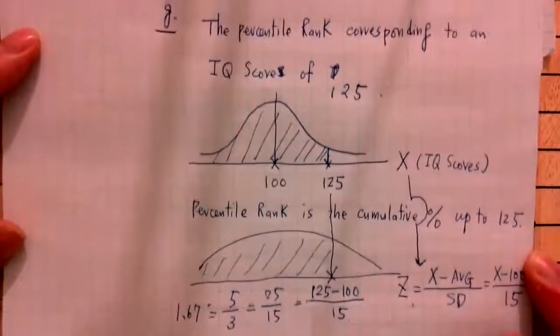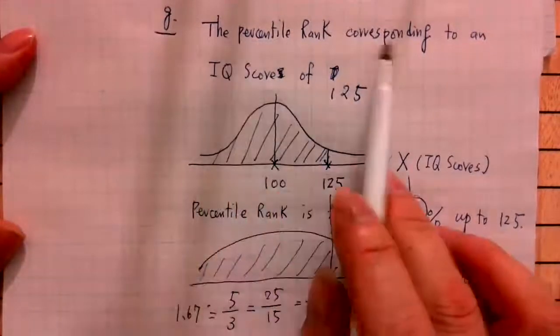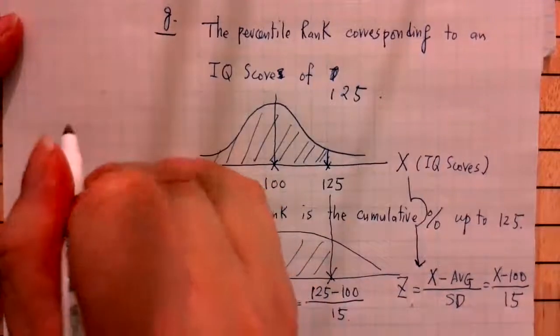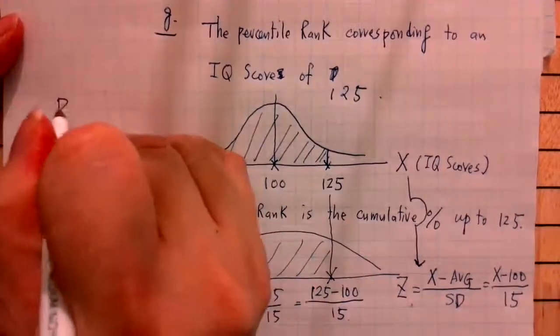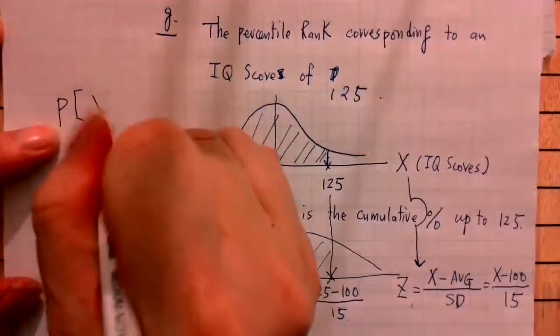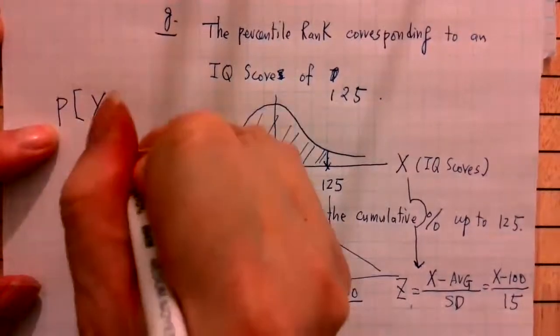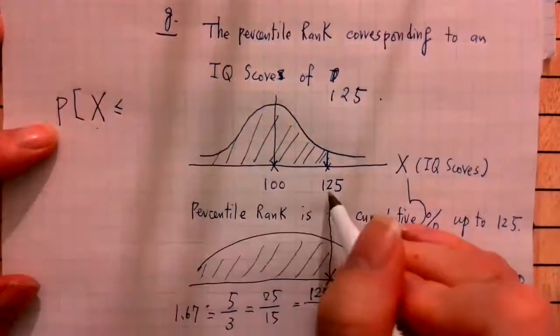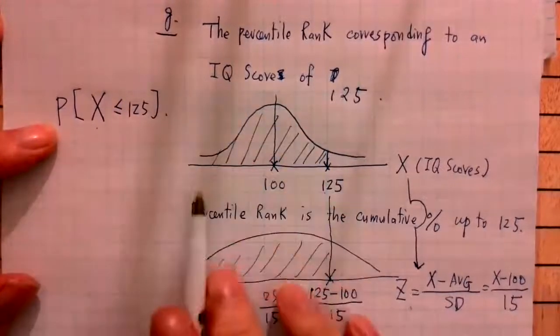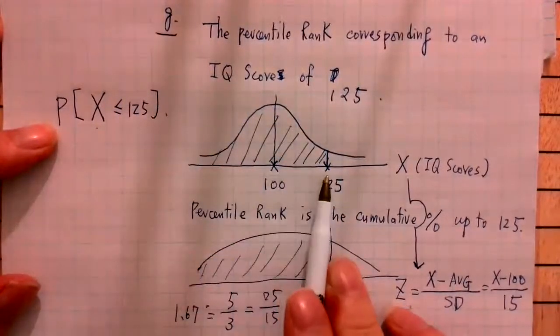So we try to find the size of the shaded area. The percentile rank corresponding to an IQ score of 125. We want to find the percentage of observations with IQ score less than or equal to 125. That percentage is called the cumulative percentage, and that's what we're looking for.